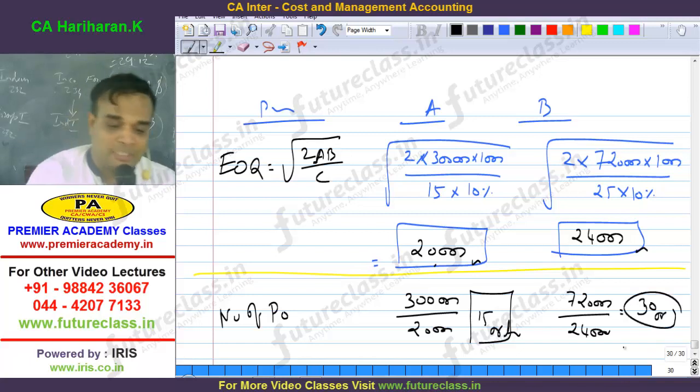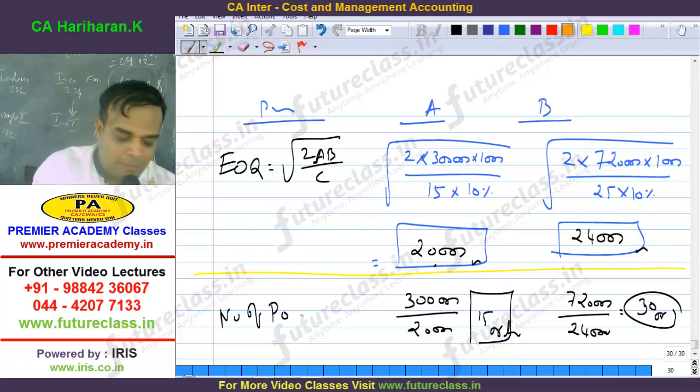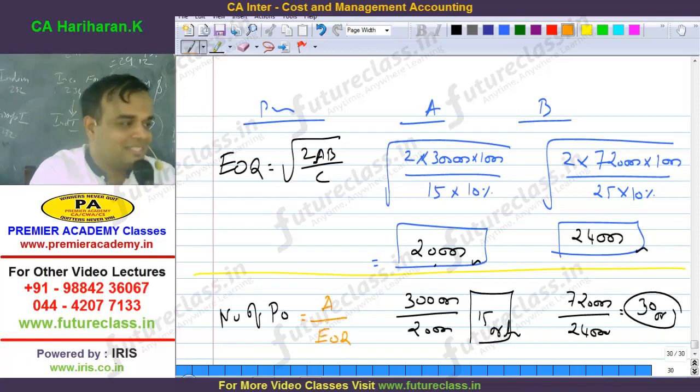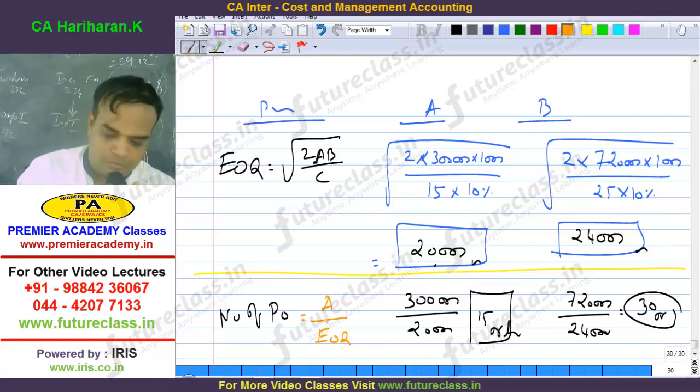Understood? Now you are all experts. If you don't write this, there will be a reduction in half mark, because number of purchase orders is equal to annual requirement divided by EOQ, otherwise reduction in half mark. Understood? Clear? Every step you are right now. Please note it down.